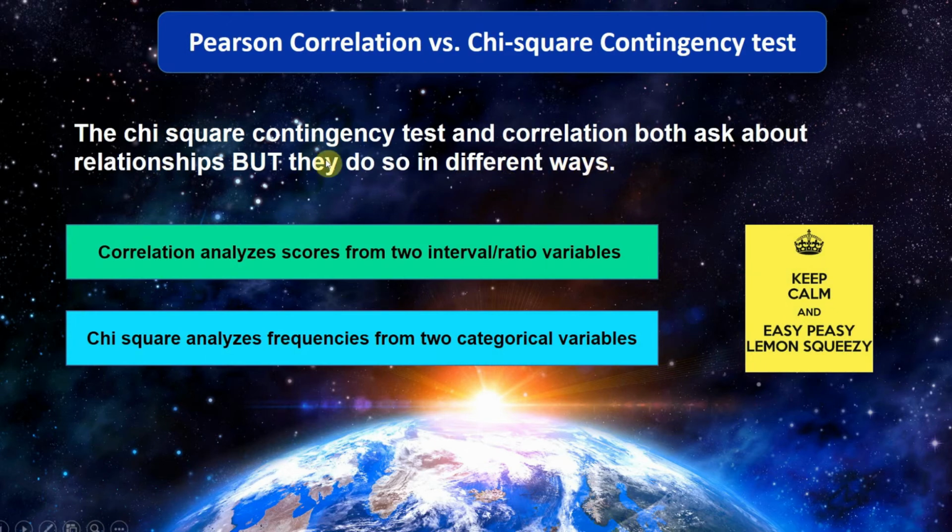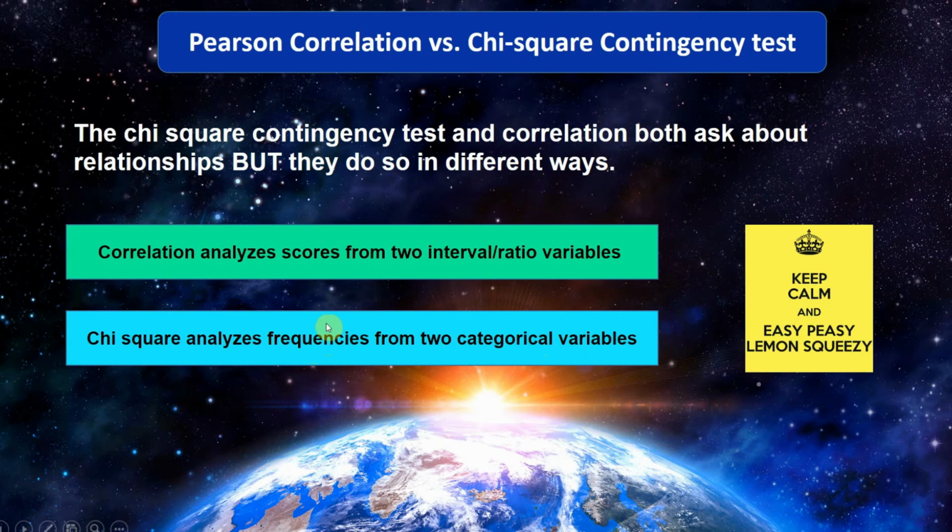So if we look at correlation, correlation is going to analyze scores from two interval or ratio variables. This is a key here, two interval ratio variables, numerical variables. Chi-square analyzes frequencies from two categorical variables.